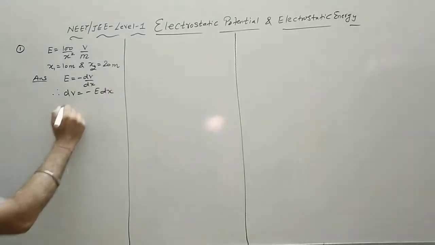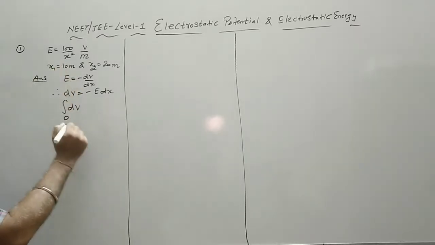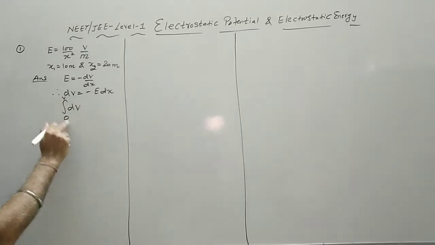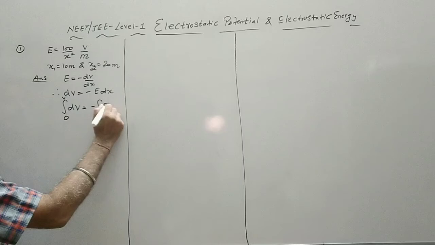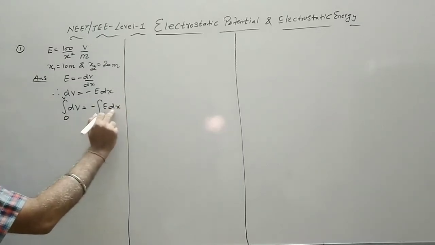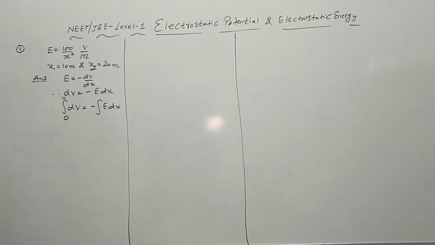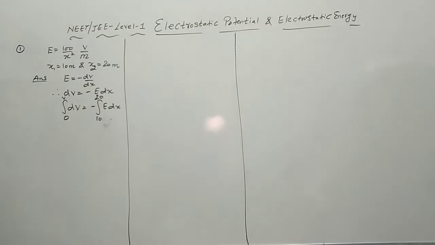Now integrating both sides, let us assume the initial potential is 0 at 10 meter and the final potential is V. You can take V1 minus V2 also. This is equal to minus integration E dx, where we have to do the integration with respect to x. So the limit becomes 10 meter to 20 meter.